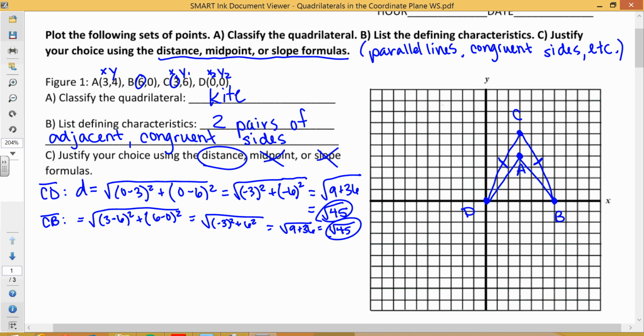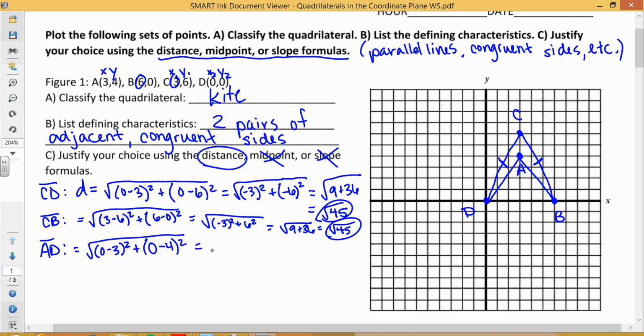Okay, then I need to compare sides DA and AB. So let's see, AD, so I'm using points A and D. So x2 minus x1, so 0 minus 3 squared plus y2 minus y1, 0 minus 4 squared.